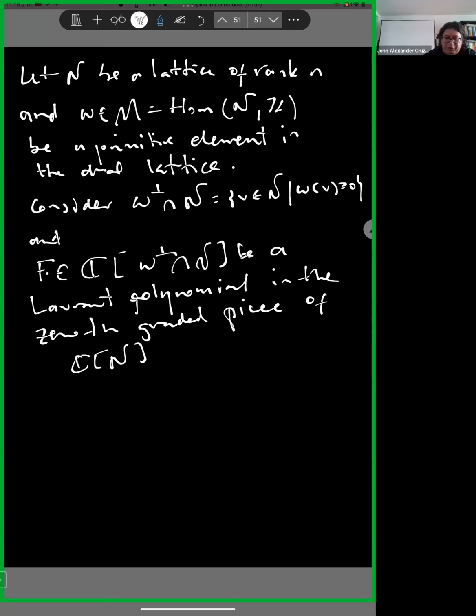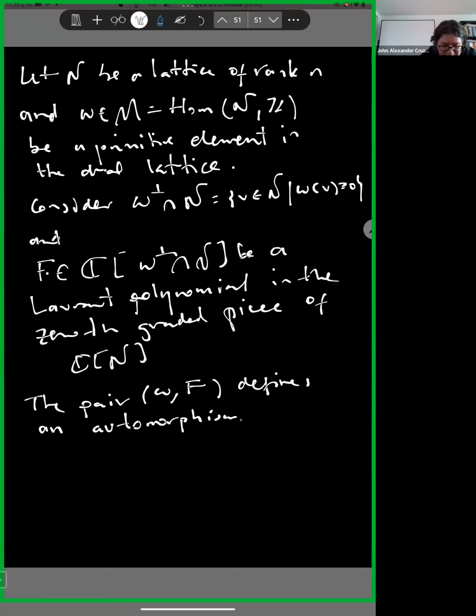So we have a Laurent polynomial. So we have the pair given by this element in the dual lattice and this polynomial. This pair defines an automorphism of this ring via the following formula.